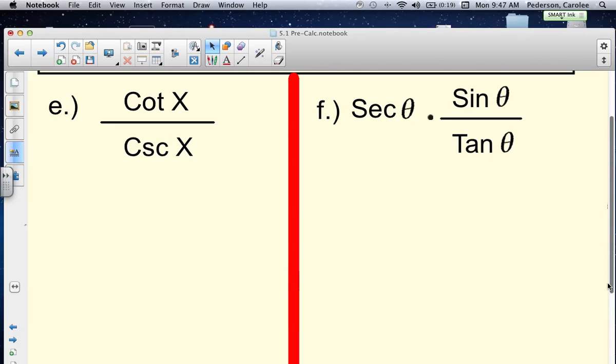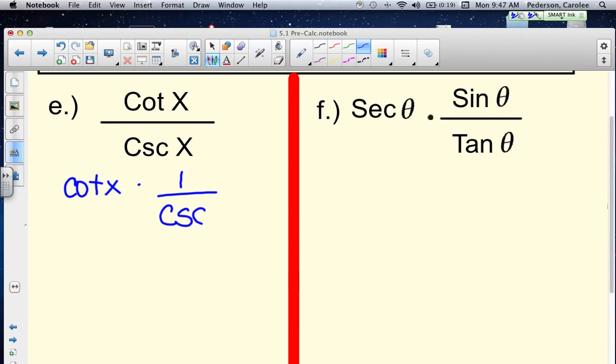This I'm going to split up into 2 pieces, so it's a little easier to see. So the cotangent of x times 1 over the cosecant of x. Now let's see if we can convert everything to sines and cosines.